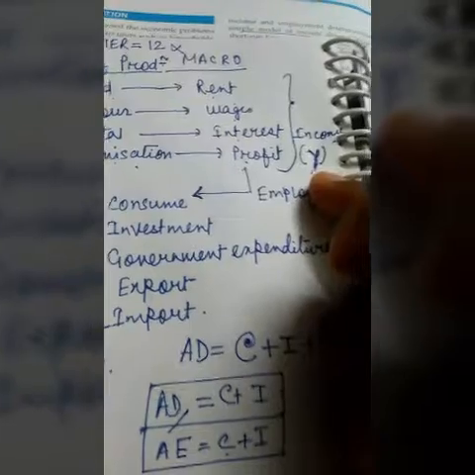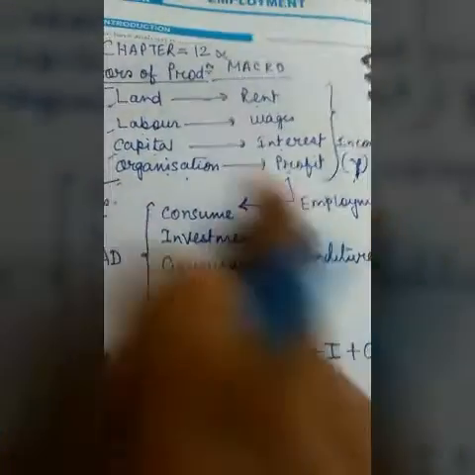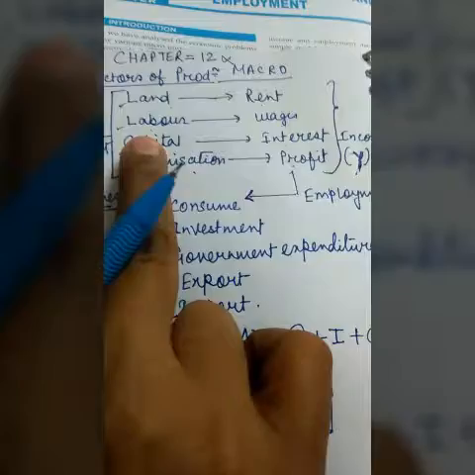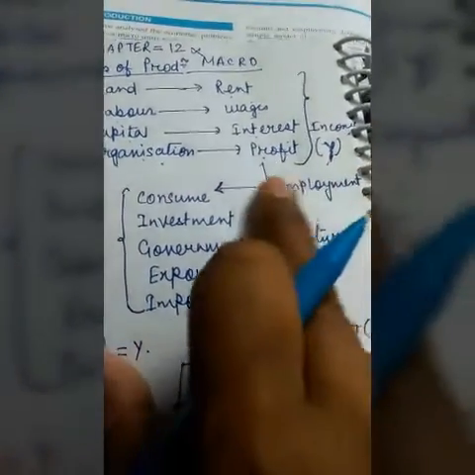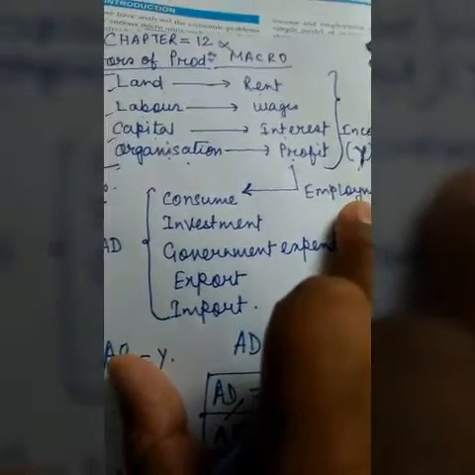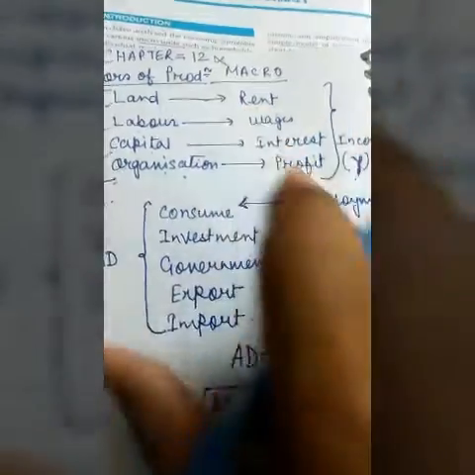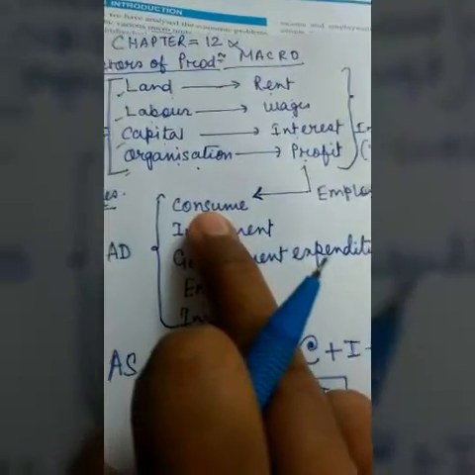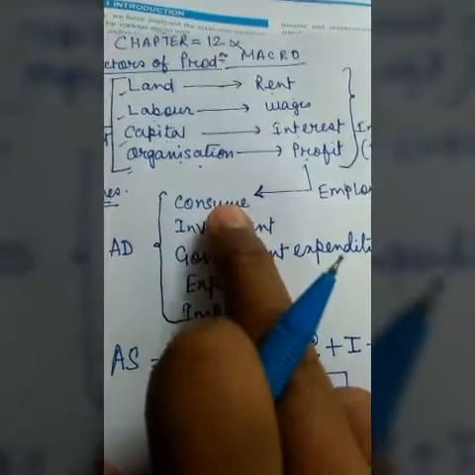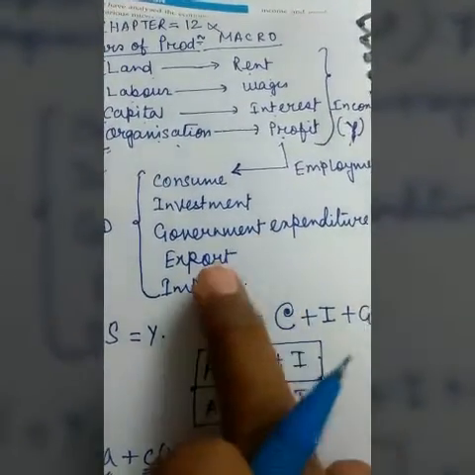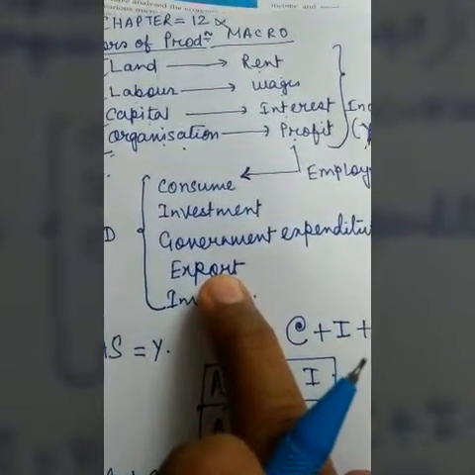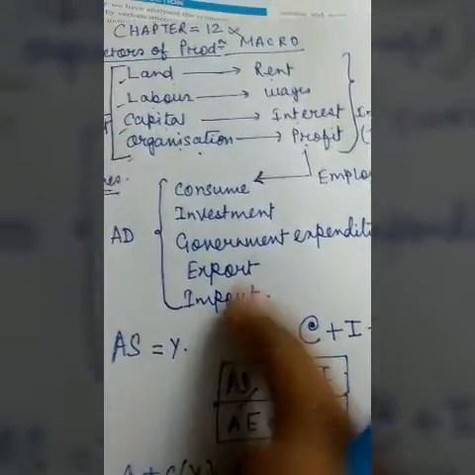So when you earn income, that means you are employed. That means land is employed, labor is employed, capital is employed, organization is employed. Now, when this employment is created, after earning all this income, either the consumer will consume, the producer will invest, the government will do some expenditure, or you will do export or import.